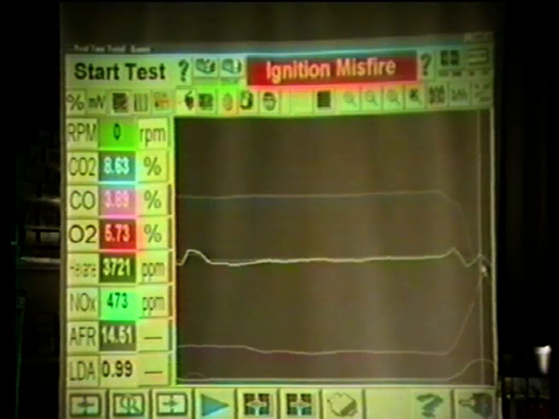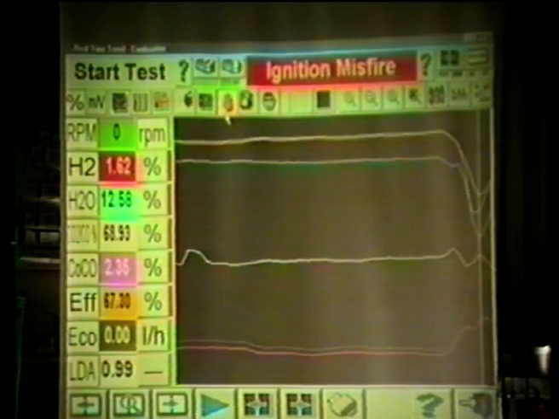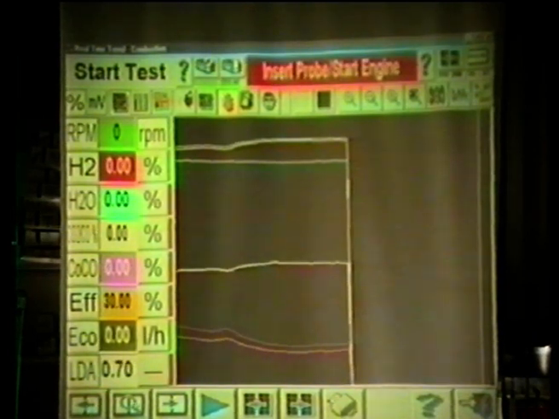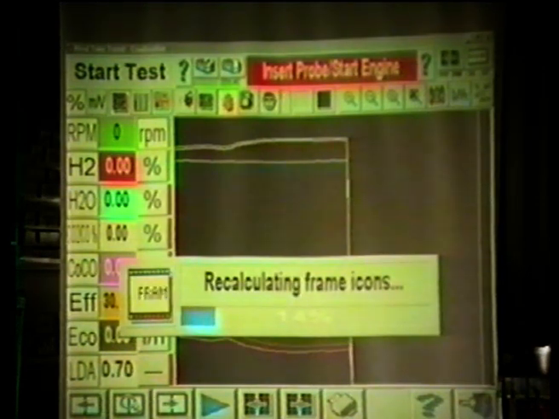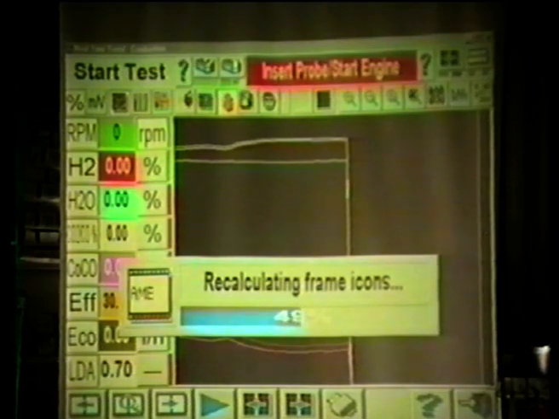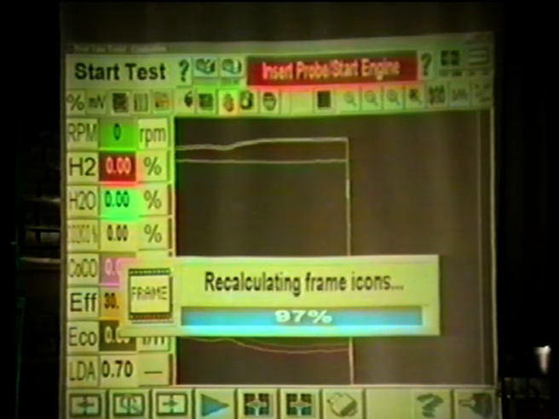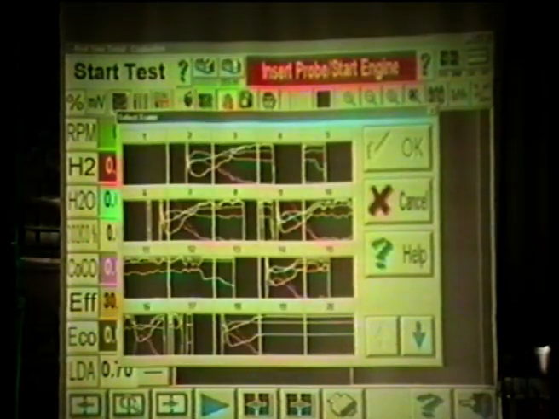I'll just have a look at something here, but you want to know what combustion efficiency was there, what was happening? Maxi 67%. You want to have a look at what it was for the Camry. Which one?